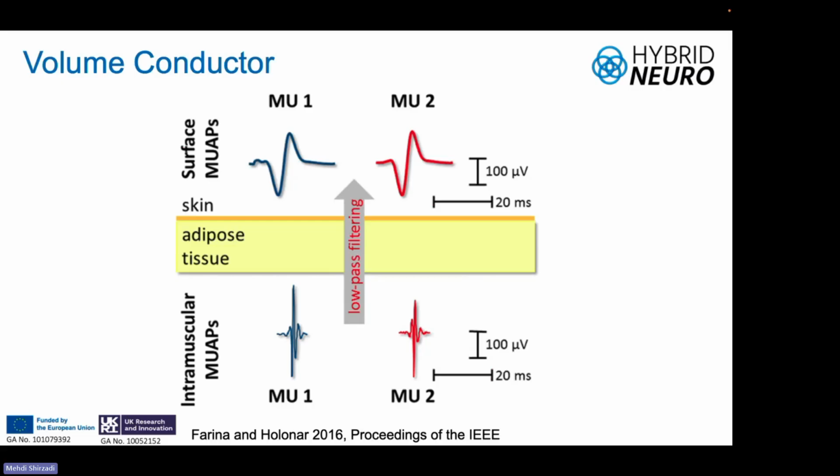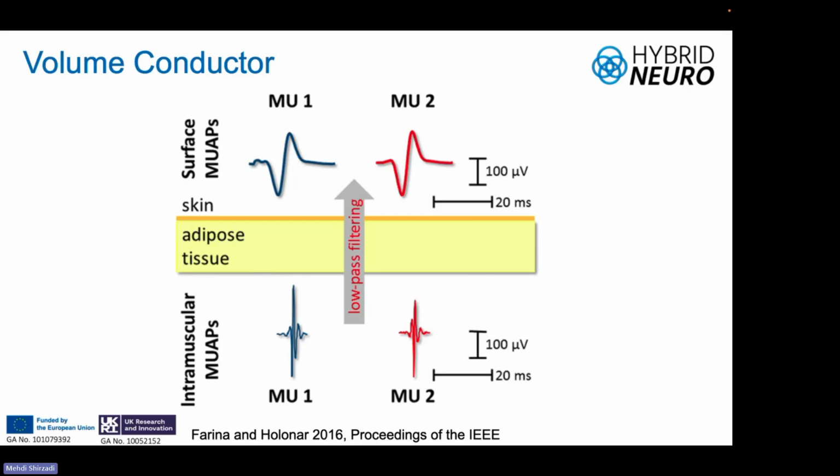But if we record them on the surface, they pass through a fat tissue. This fat tissue removes all of the high frequency content, and on the surface they are more or less similar. It's not easy to separate them from each other, especially with this template matching technique. I think we will get nothing.